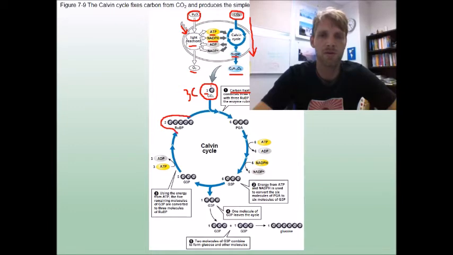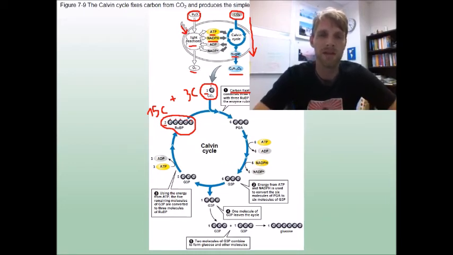This molecule is RuBP or ribulose bisphosphate, and as you can see, we need 3 of them. Ribulose bisphosphate is a molecule with 5 carbons, 1, 2, 3, 4, 5. 3 times 5 is 15. So here I have 15 carbon atoms. Okay, so 15 plus 3 is 18. Okay, we can all count. 15 plus 3 carbons is a total of 18 carbons.